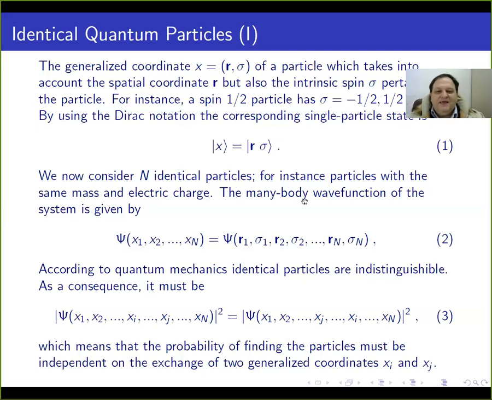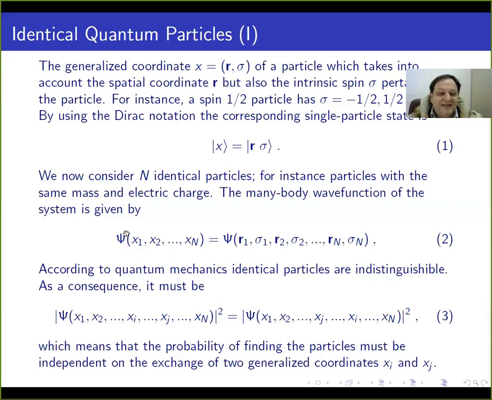In general, the many-body wave function of this kind of system of identical particles can be written as psi. We use a capital psi, actually, to denote the many-body wave function. And obviously, it is a function of the coordinates of the particles, in this case, the generalized coordinates.